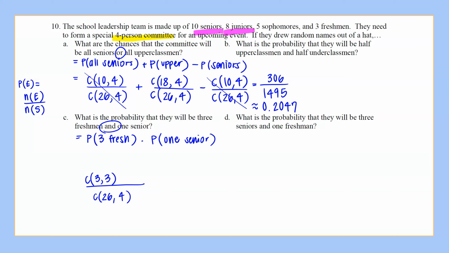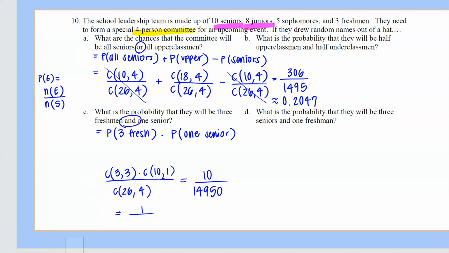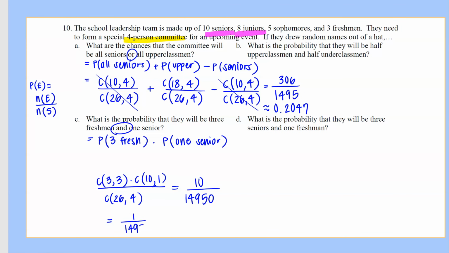So there's one way of that happening. The probability of selecting 1 senior, that would be, of the 10 seniors that I have, how many different ways can I select 1 of them? This is equivalent to 10 out of 14,950, which reduces to 1 out of 1,495.